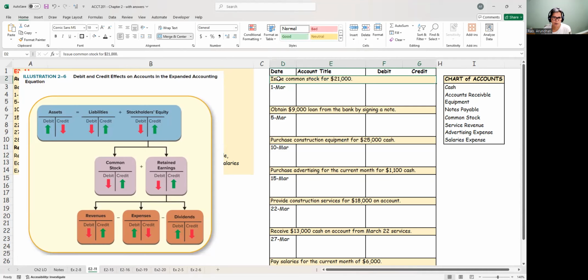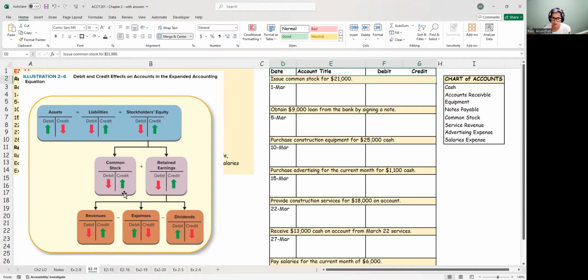So this is a new company, and they have told us that the first transaction they've engaged in is they've issued common stock for $21,000. So in this transaction, what has happened is the business received cash, $21,000. Cash is an asset, so cash will be debited. And in exchange for that, they gave the owners $21,000 in common stock.